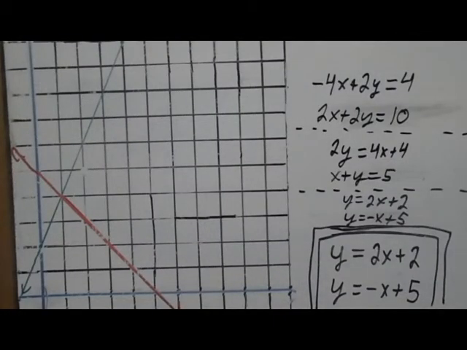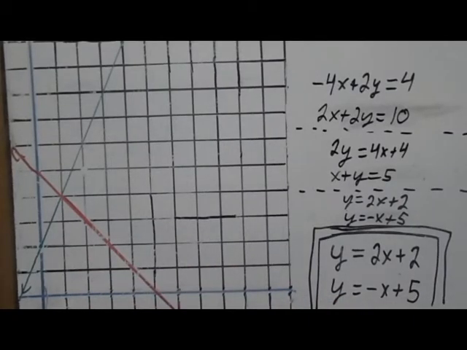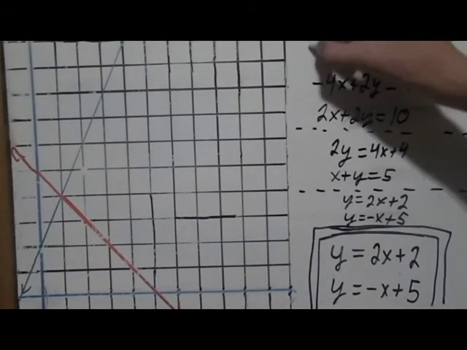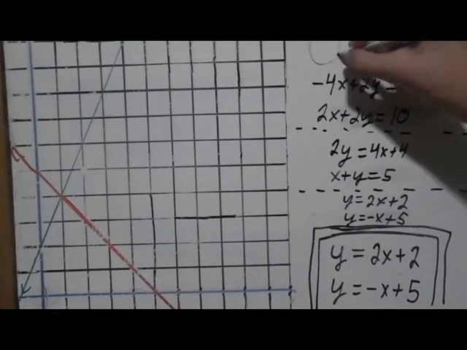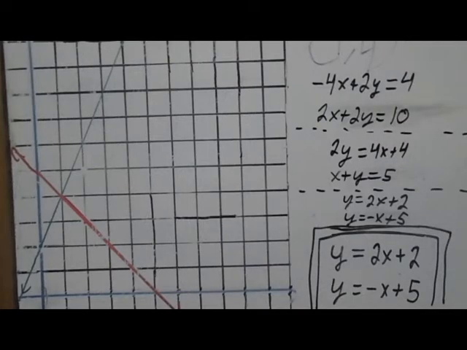After graphing these, I got these two separate lines. These lines together meet at the point 1 and 1, 2, 3, 4. They meet at the coordinate point of 1, 4.